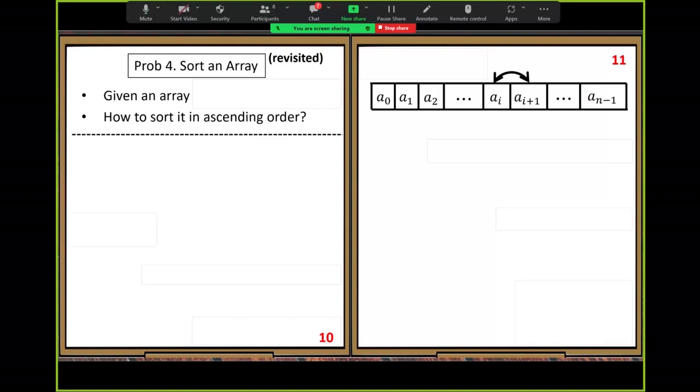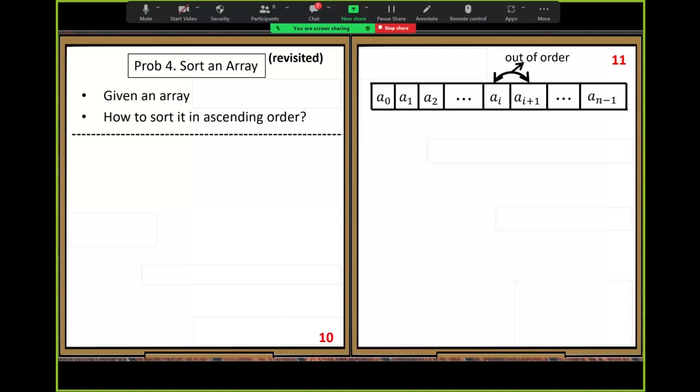If you look at it like that, then there are two possibilities: in order and out of order. If you only look at two elements in a pair, if the first one is less than or equal to the second one, that's in order. Ascending order is the relationship we want to have, right?